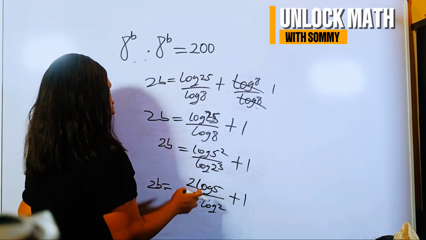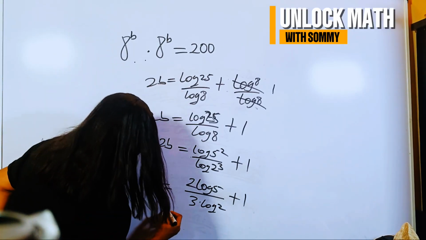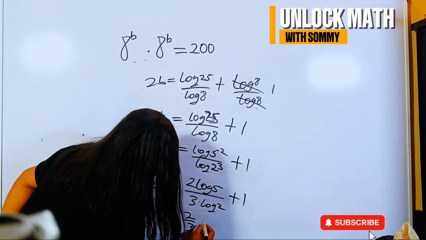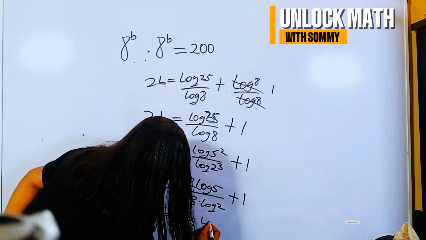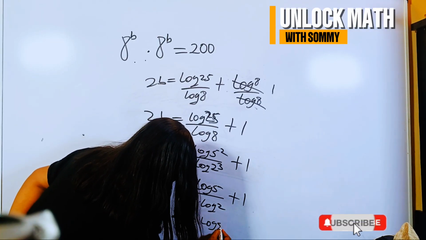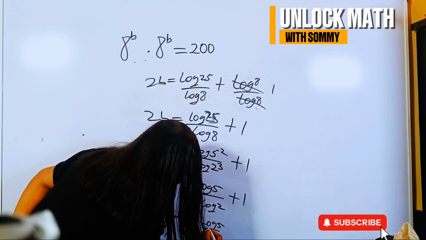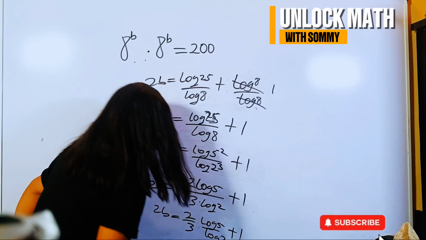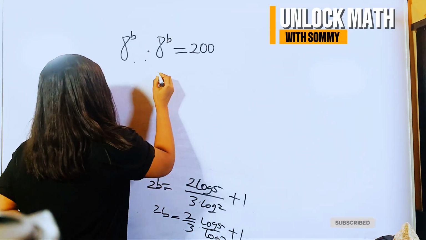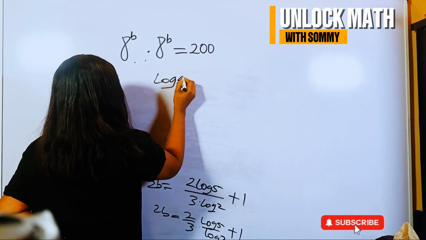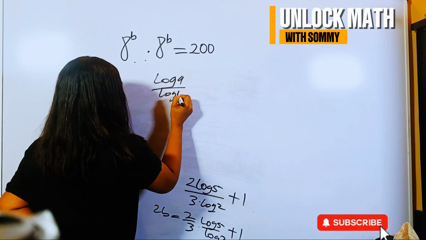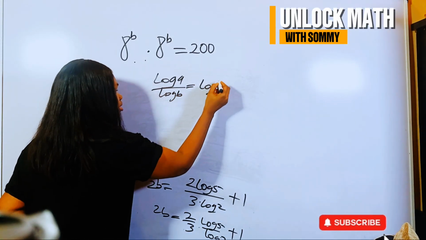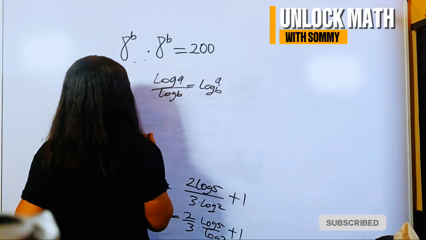So, now we have 2b equals 2 over 3 log 5 over log 2 plus 1. Also, I want you to remember log a over log b is the same thing as log a base b.